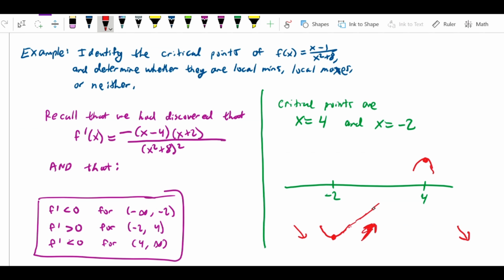What that suggests is that this function might look something like this. Anyway, we haven't really gotten to the point of being able to draw the graph, but hopefully I can at least make the case for you that this test of just looking at the derivatives and what happens across a critical point should tell you whether that point is a min or a max.